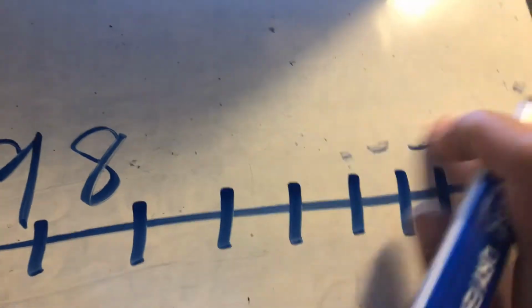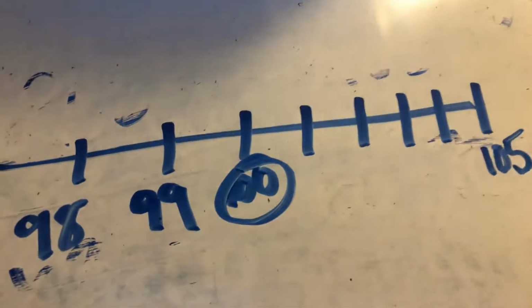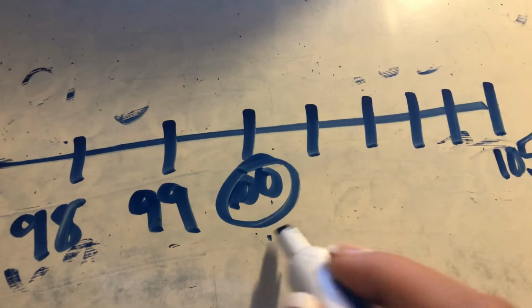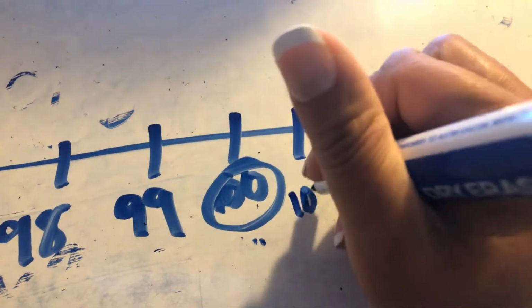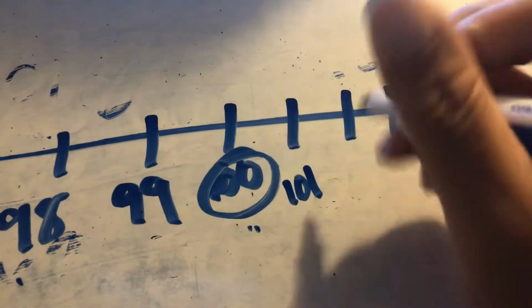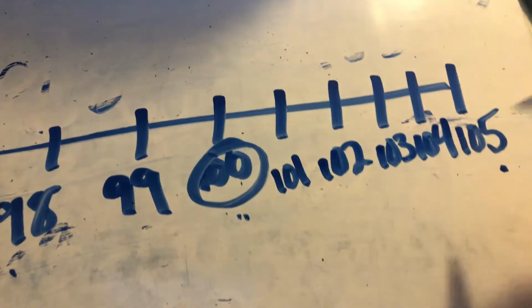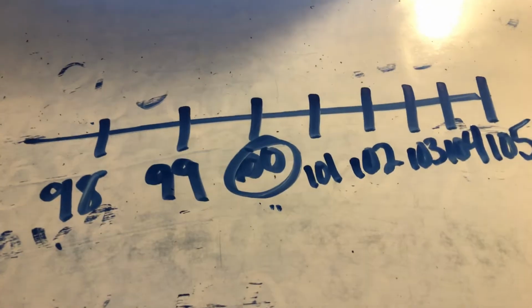So I'm going to make these numbers just a little bit smaller, 105, and this one's going to be 98. Okay, and so we go 99, 100. I'm going to circle the one that I'm doing, right? This is the one that I want to find out which one it is closest to. Out here or out here. 102, 103, 104.